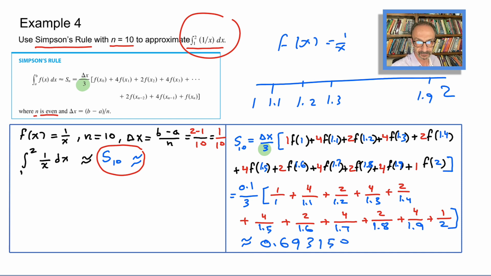And that should do it. To get 10 subintervals, n equals 10, just make sure that inside you count 11 terms, because you're considering 1 and 2. That will make it 11 terms inside. Something to keep in mind. We're almost done.